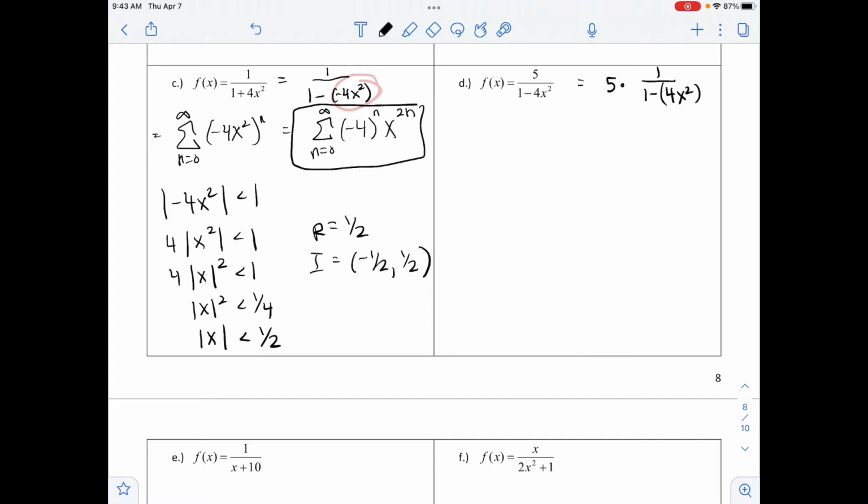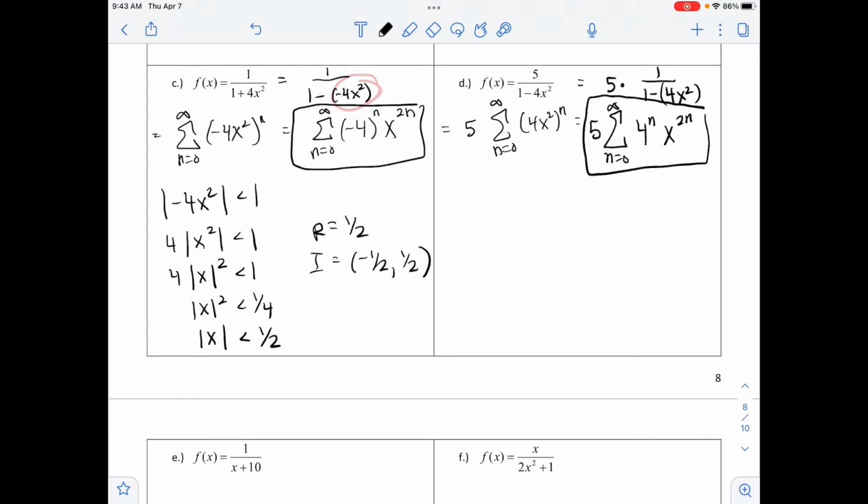And so for our power series representation, we're going to have a 5 times sigma from n equals 0 to infinity of 4x squared to the nth power, which is the same as 5 times the sum from n equals 0 to infinity of 4 to the n x to the 2n. And this would be our power series representation that we would have.